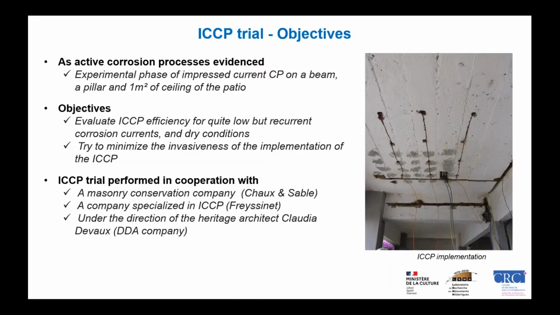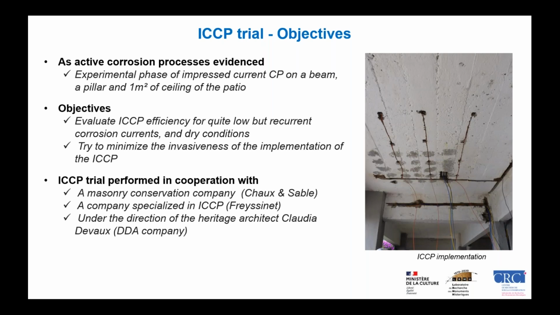So that we could implement the ICCP trial with the objective to evaluate the ICCP efficiency for quite low but recurrent corrosion currents and dry conditions, to try to minimize the invasiveness of the implementation of this system, which is more often implemented on bridges or on industrial buildings.